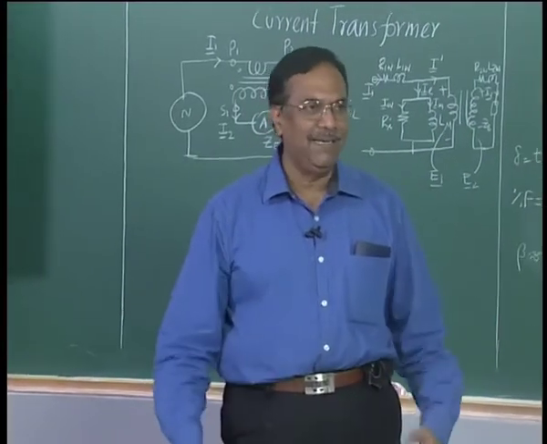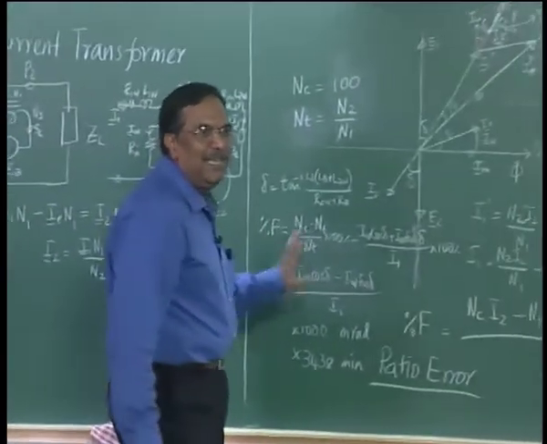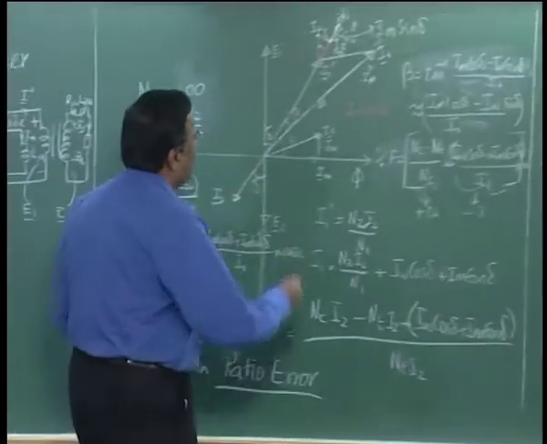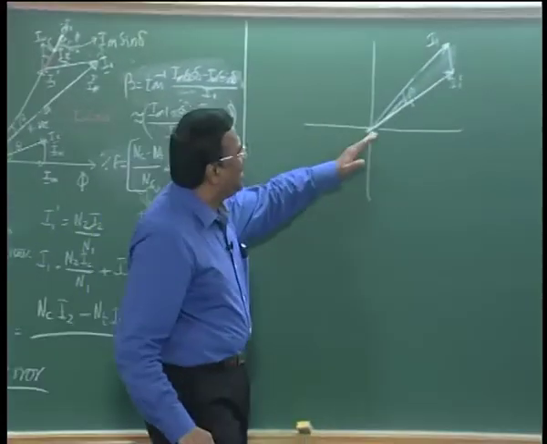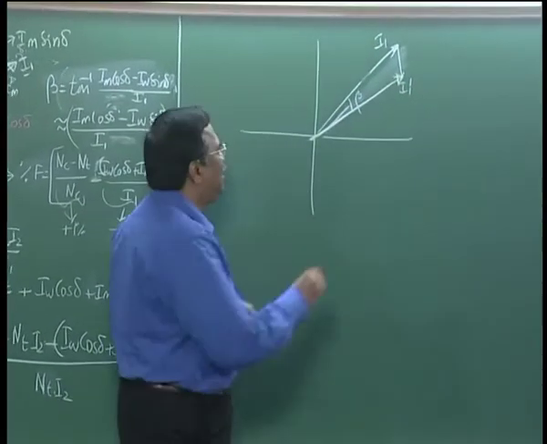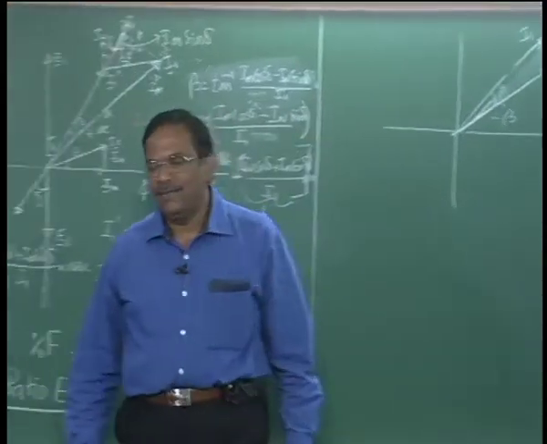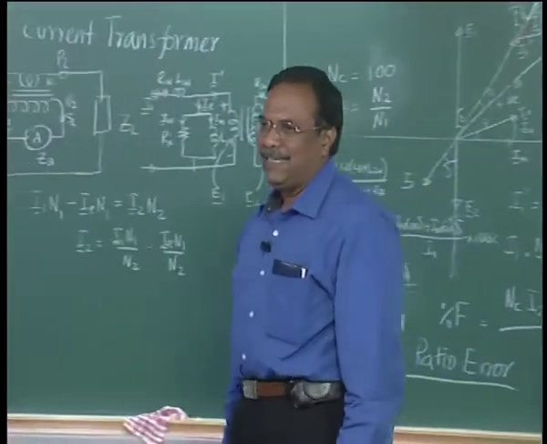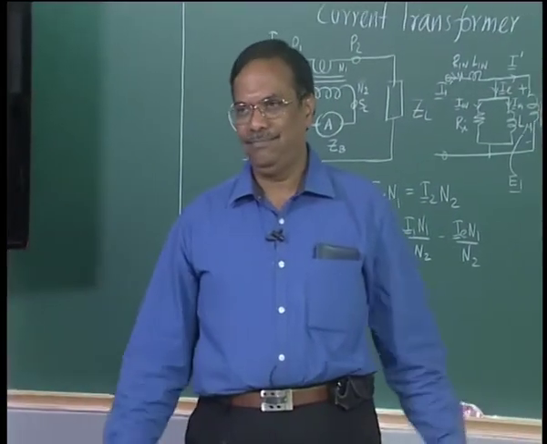If it leads the primary current, then we take beta to be positive. Here beta is positive; here the reflected secondary current lags the primary current, so beta is negative, right. We say that the phase error is negative, it is only a convention.